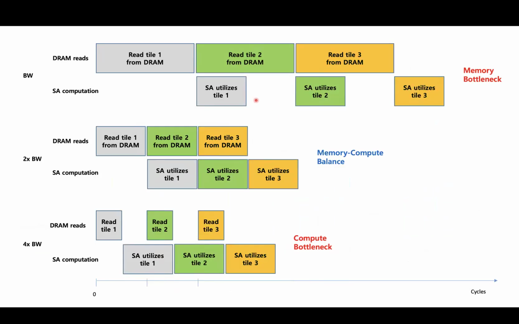But even when we reuse the tile data, if we have some idle time, the memory is still the bottleneck. So we need a method to reduce the memory latency or increase the amount of computation, by using a larger matrix, by having a larger batch.